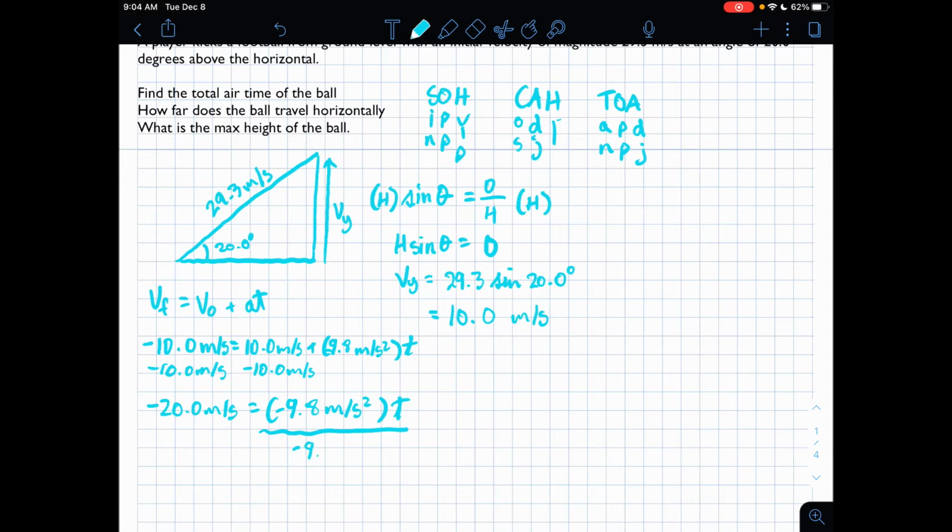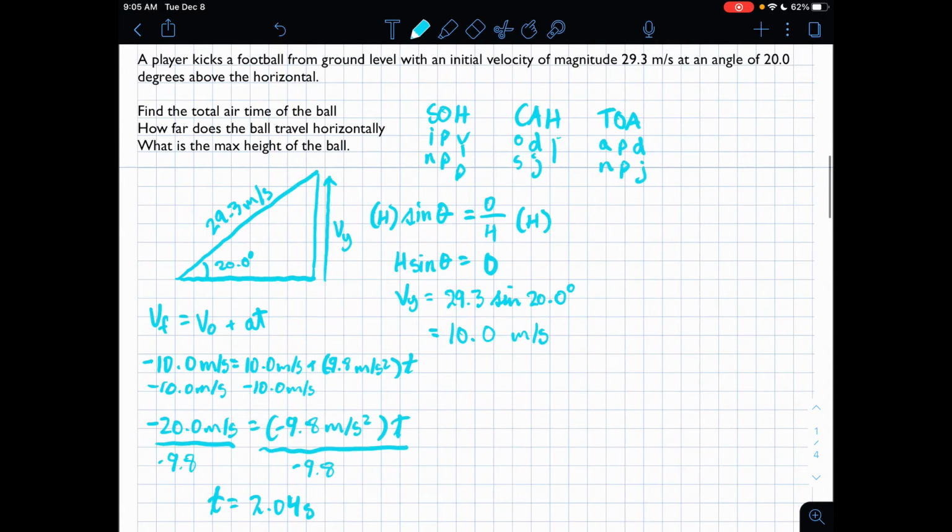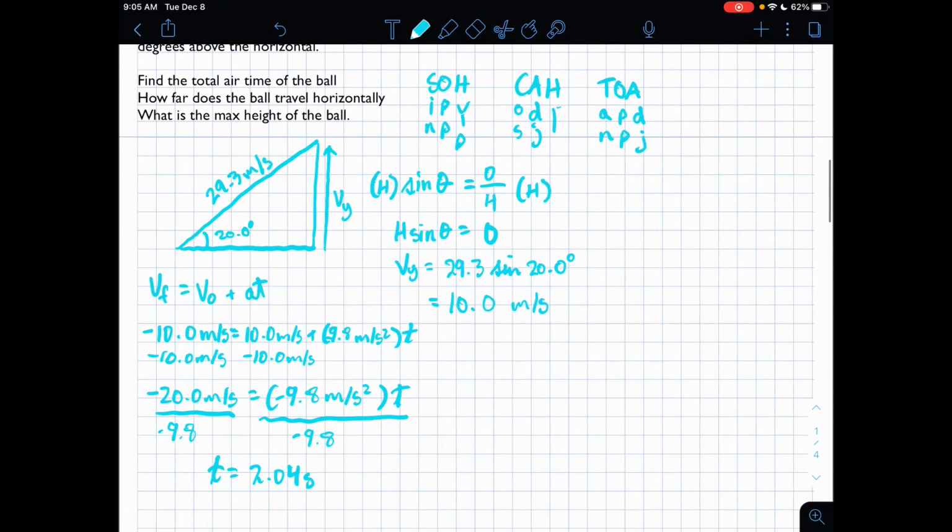Divide both sides by negative 9.8, and if you do that in your calculator, you would get 2.04 seconds as your total airtime. Now that would be the total airtime of the ball.